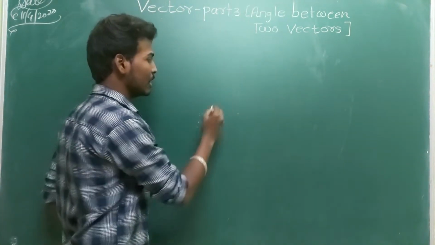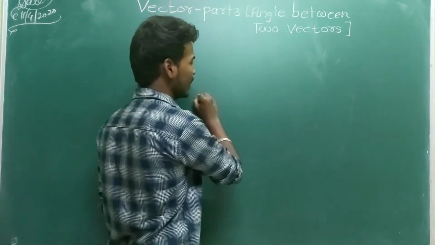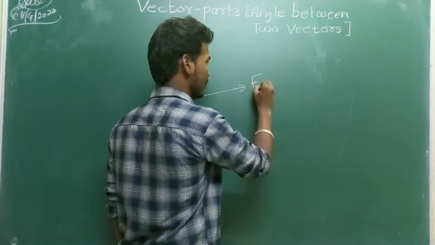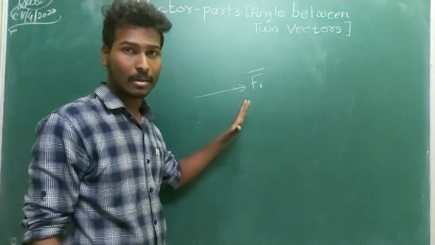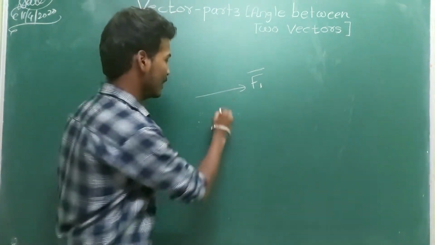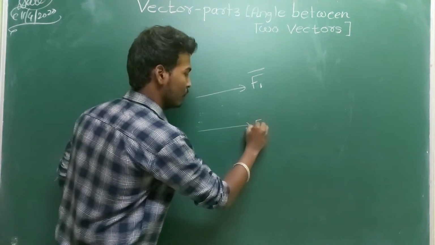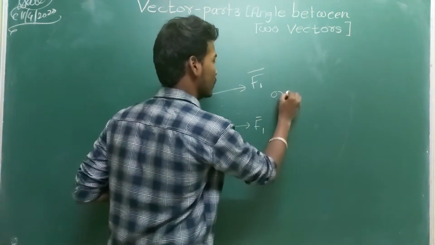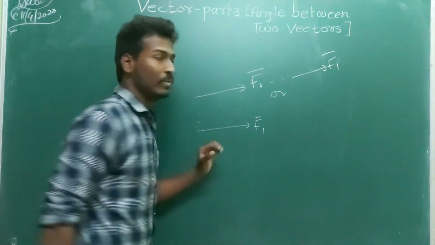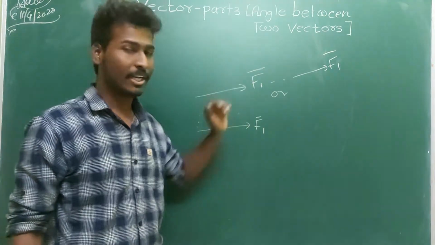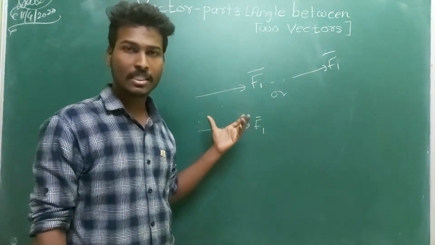In parallel shifting, what we do is, if we have any vector, let's say force vector f1 bar, then we can shift this vector parallel to itself like this f1 bar, or like this f1 bar. Without changing its magnitude, we can parallelly shift a given vector.